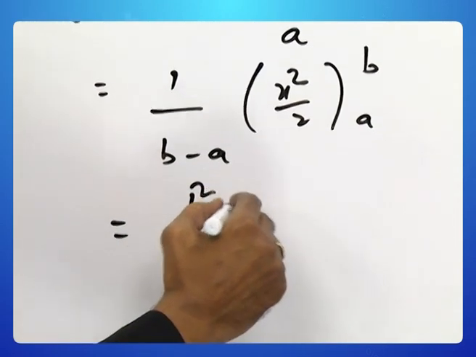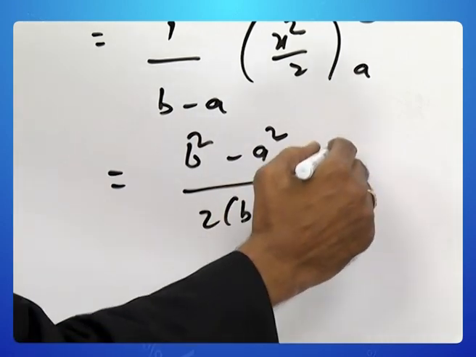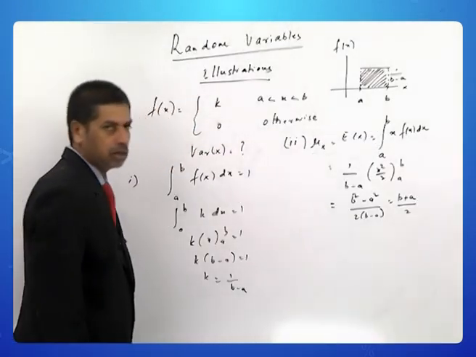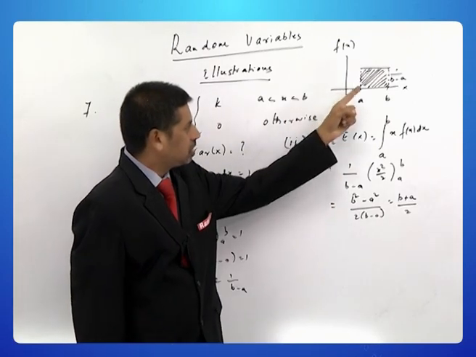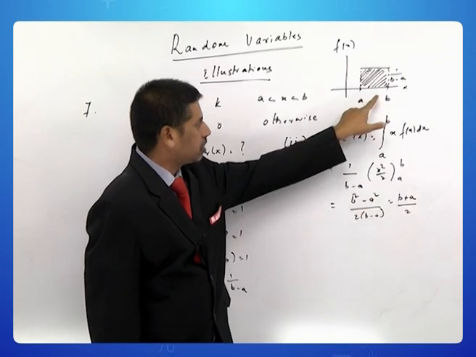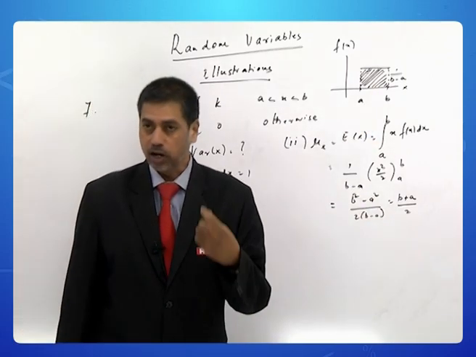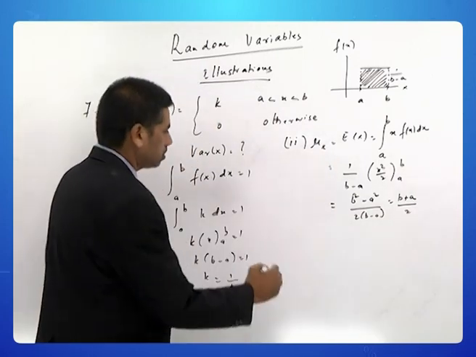So you will get b square minus a square by 2 times b minus a, and you can easily see this is b plus a by 2. That was expected because the mean for this nice distribution is the midpoint of this interval, which is a plus b by 2. So if you know the graph of the density, many times you can guess the results.